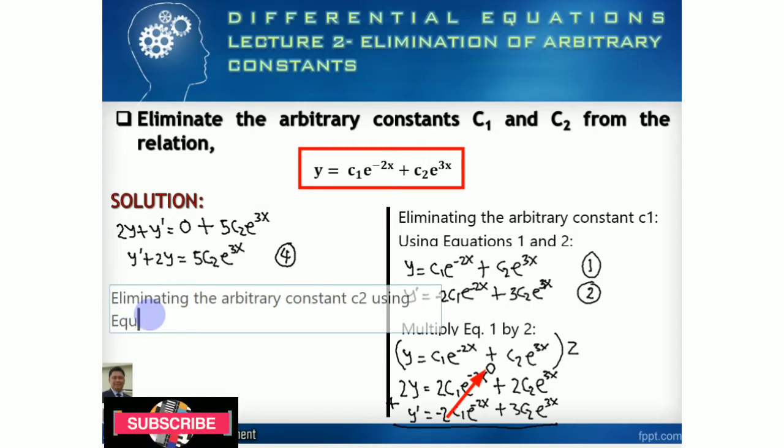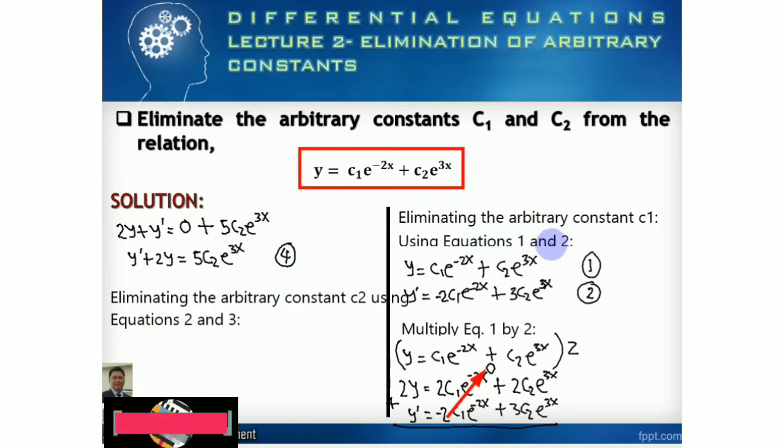Since we are done with equations 1 and 2, our next step is to use equations 2 and 3 to eliminate the arbitrary constant C2.